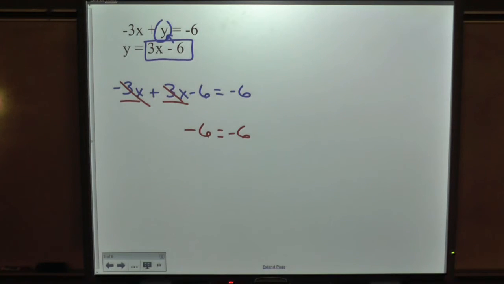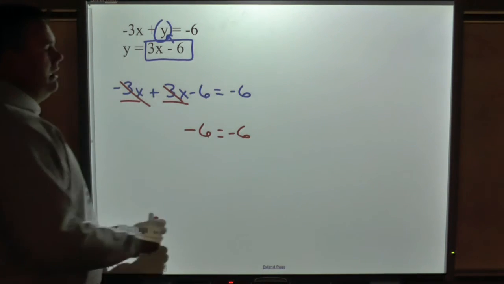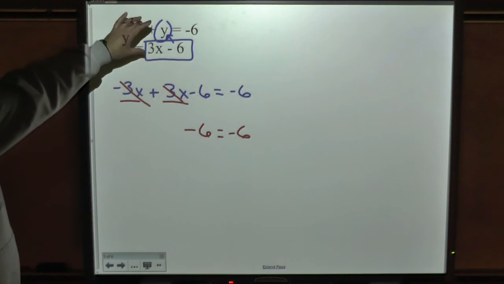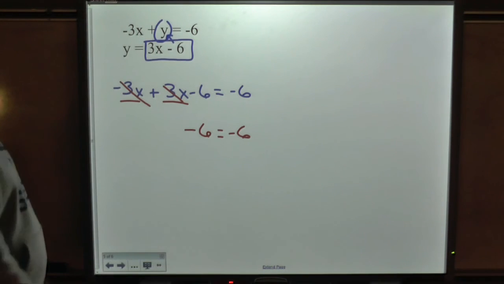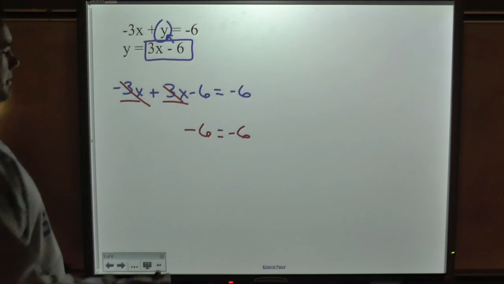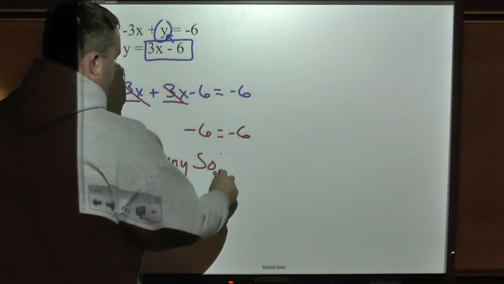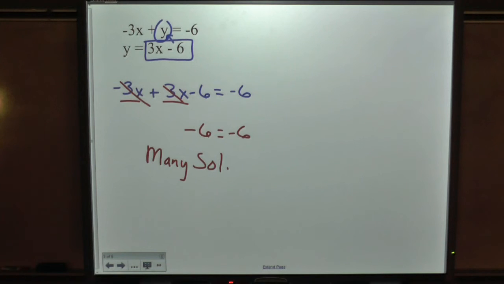That is a true statement. As long as you end up with a true statement, that means that you have every single possibility. And what that means is these two are the same line, and I'll explain why here in a second. So if you eliminate your variable and you end up with a true statement, the answer is many solutions. So if you were to graph these two lines, you'd end up with this exact same line.